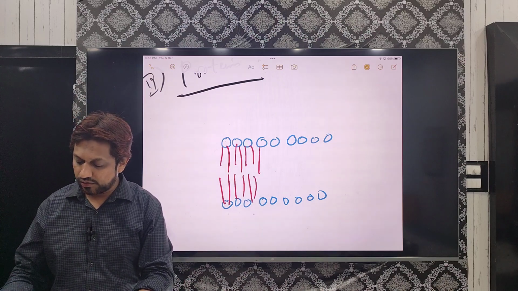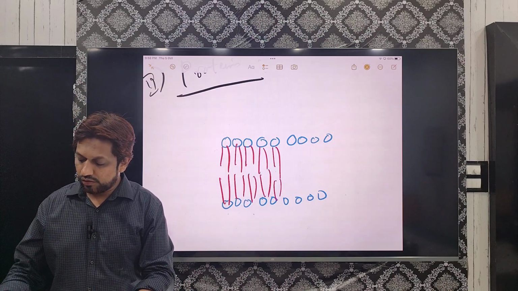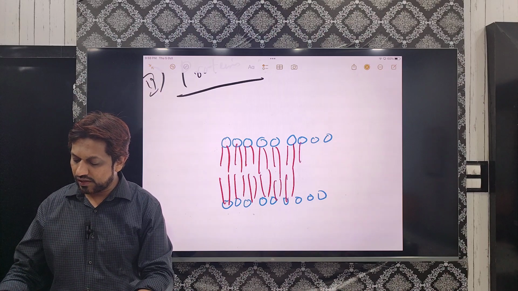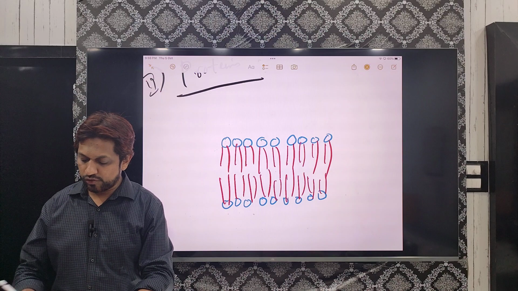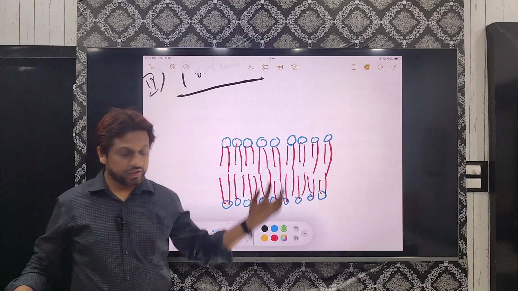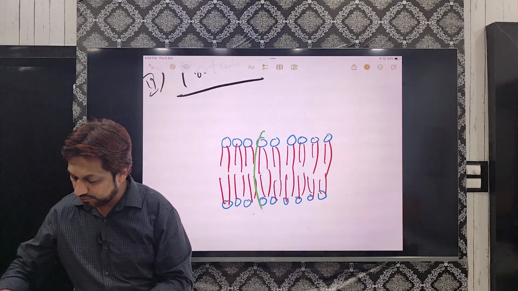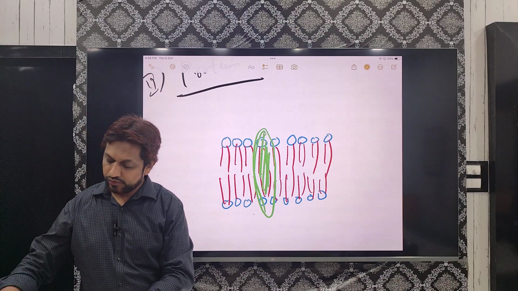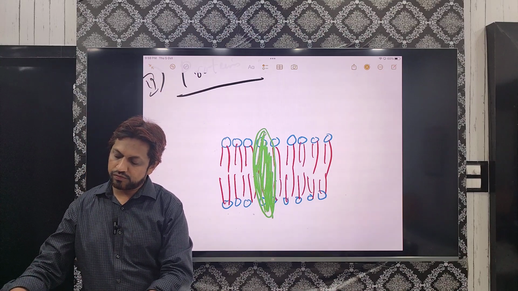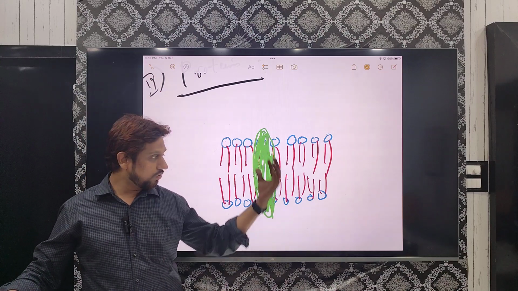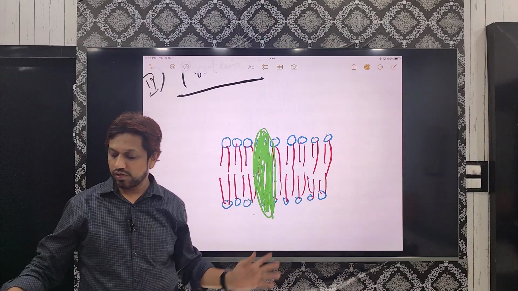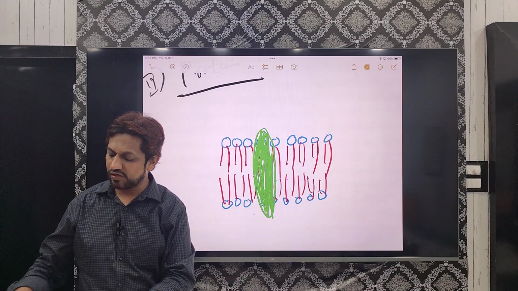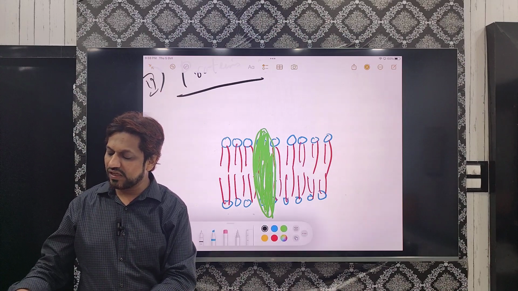In this lipid bilayer, there are protein molecules embedded. I am drawing one with green color. This type of protein passes through both layers and connects the ECF and the ICF. These larger proteins are termed integral proteins.